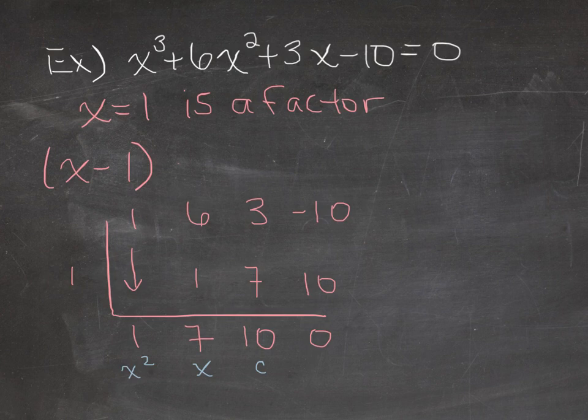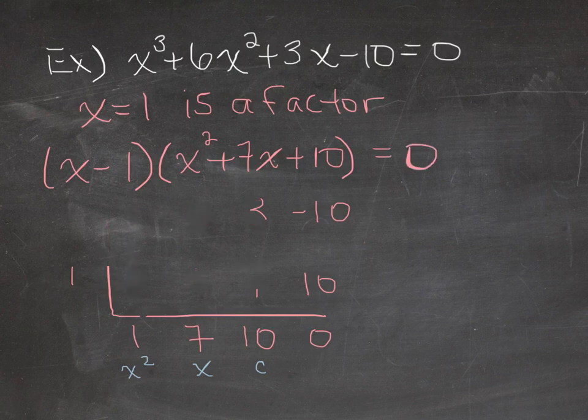So in here I'll get 1x squared plus 7x plus 10. Okay, so now I also have equals 0. I make sure I don't drop that.